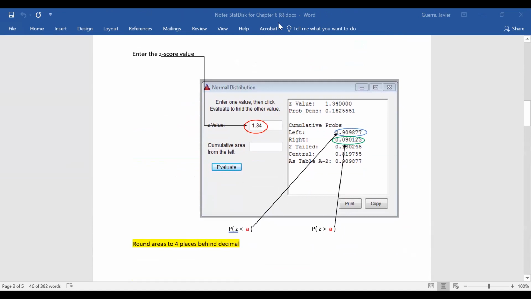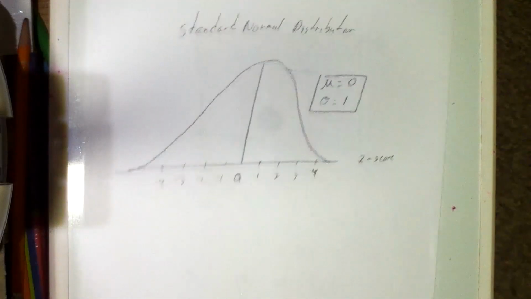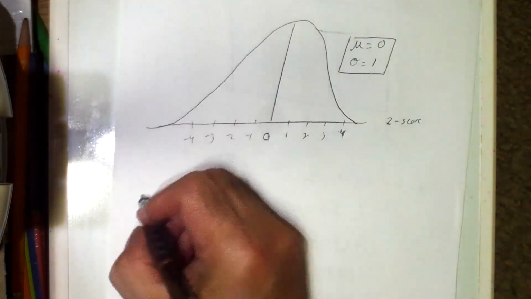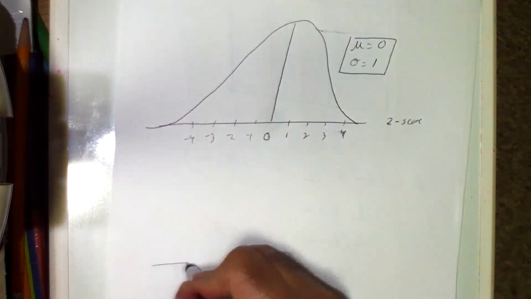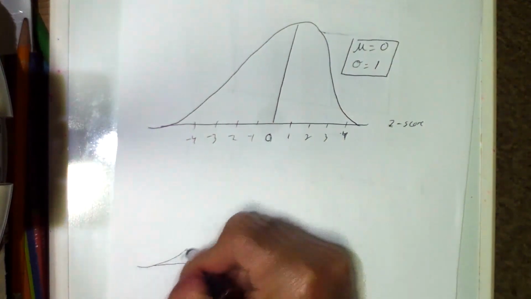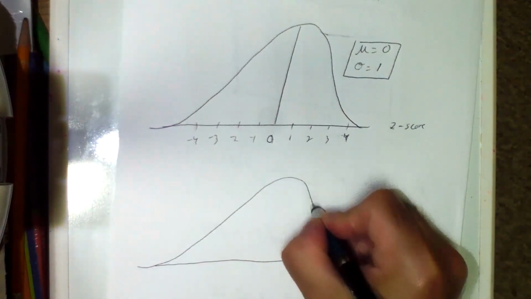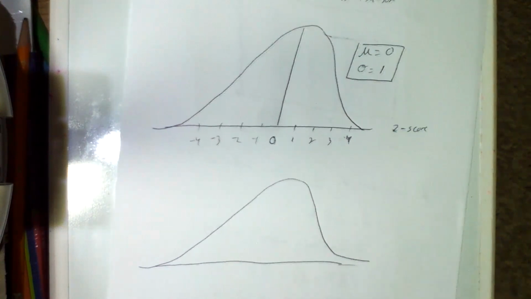Let me show you first the 3 probabilities that you're going to be asked to find. For the first one, I'm going to draw the picture. Eventually, I'll get really good at drawing these normal curves.